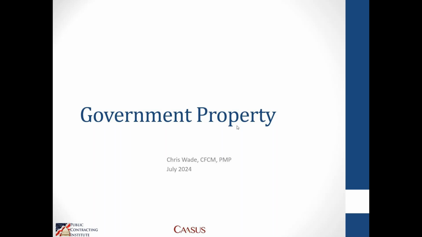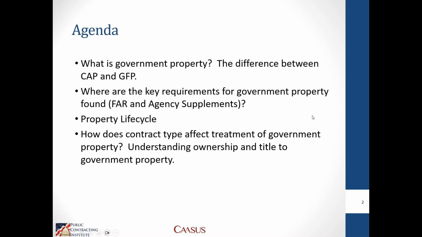Good morning, good afternoon, everyone. Welcome to Government Property 101. Today, we're going to touch on Part 45 of the FAR and provide an overview regarding government property. Part 45 specifically speaks to government property. So we're going to talk about the difference between government furnished property and contractor acquired property.